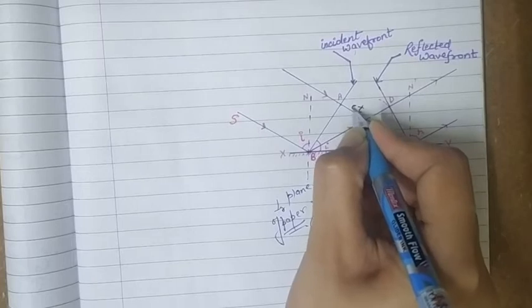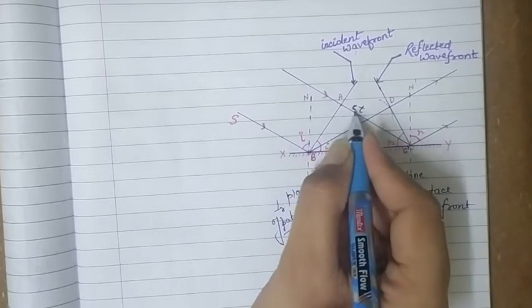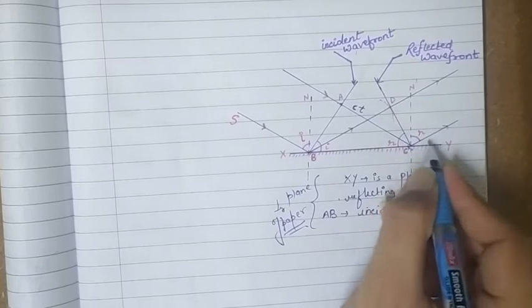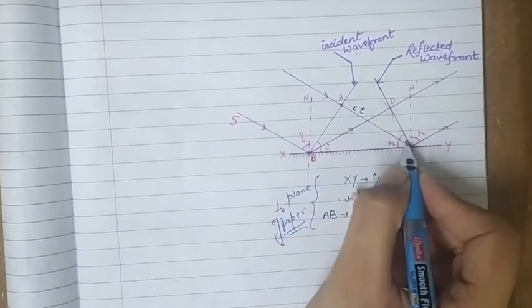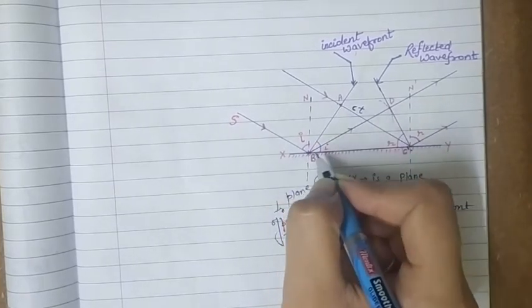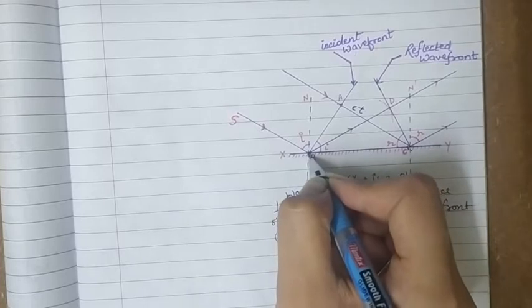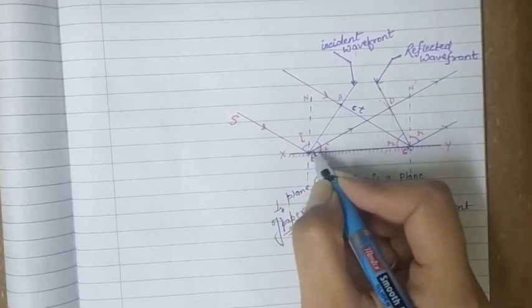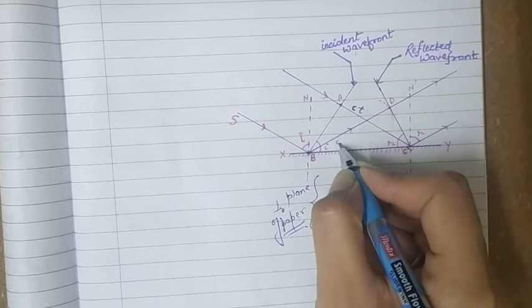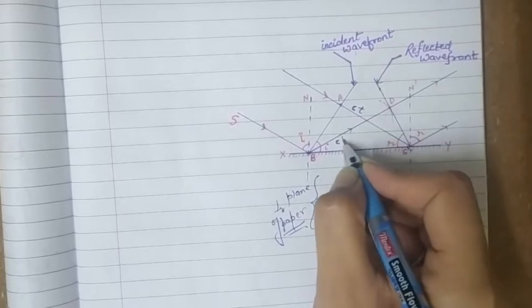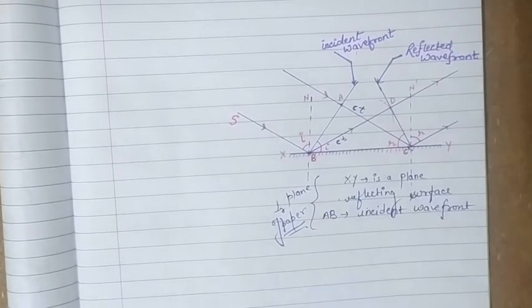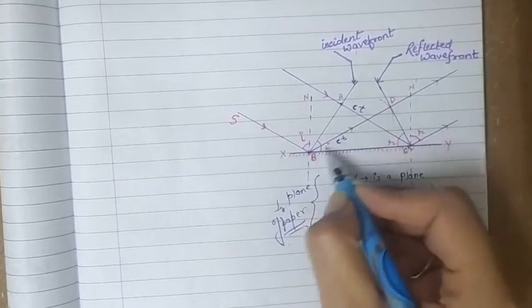So the distance covered by the wave from A to C is ct. Now the secondary wavelet originating from point B also has the speed c, and in time t it will also cover a distance ct. So this distance BD is also ct.